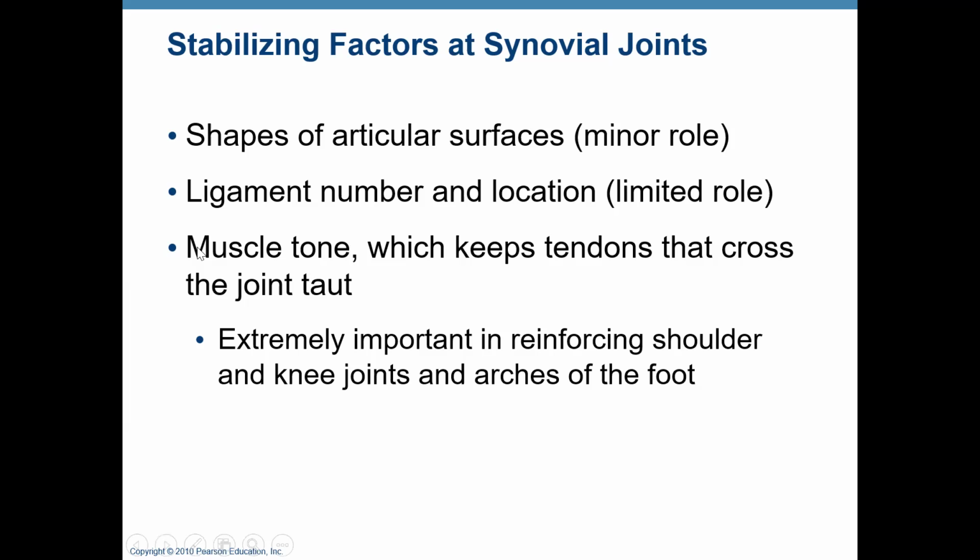What do they mean by muscle tone? Muscle tone is when a muscle is in a slight state of contraction. It's never totally relaxed, otherwise you'd see the muscle go limp. This slight state of contraction keeps the joint tight. So these are extremely important, it says here, for reinforcing shoulder joints, or at the knee and arches of the foot.